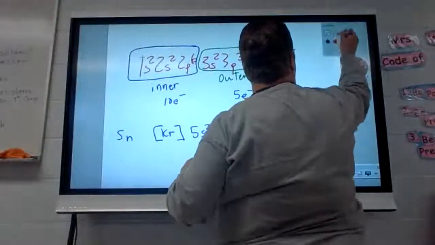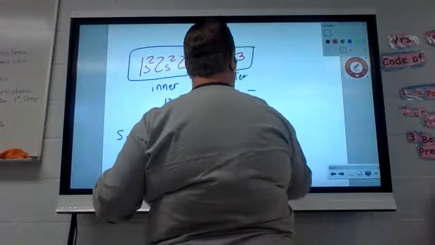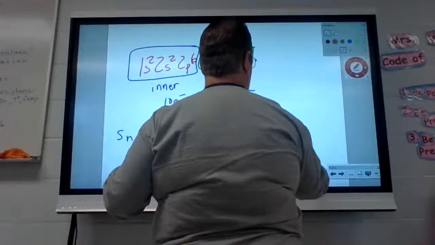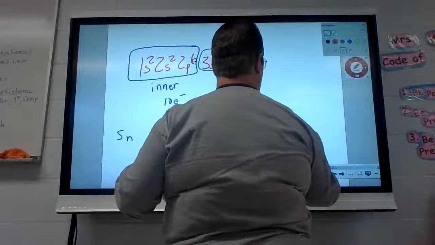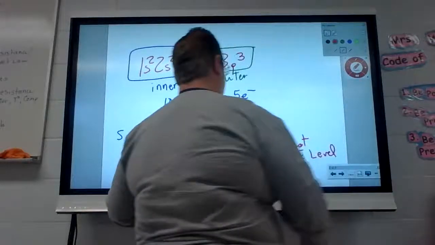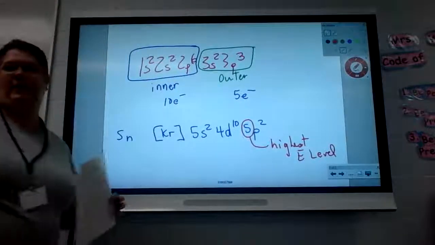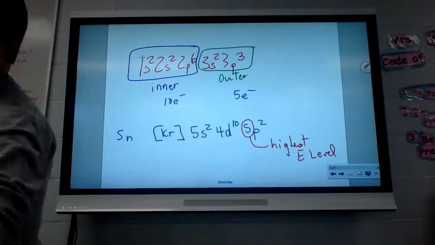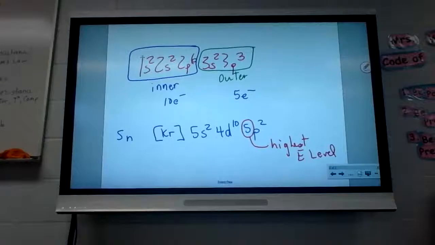5. Okay? So the highest energy level is a 5. So tell me this. Can anybody look at the periodic table and tell me how we can find a shortcut to find highest energy level without having to do all that? What's the correlation on the periodic table to the highest energy level without having to do all that work?